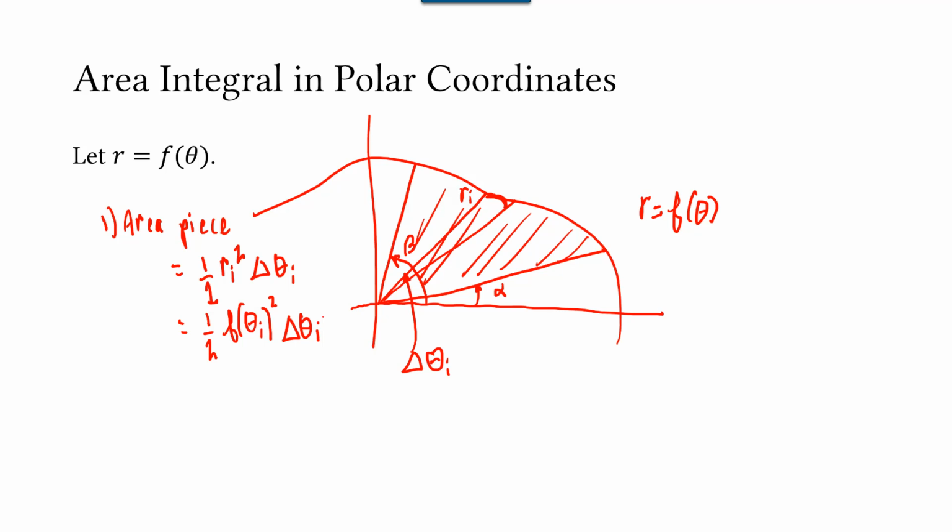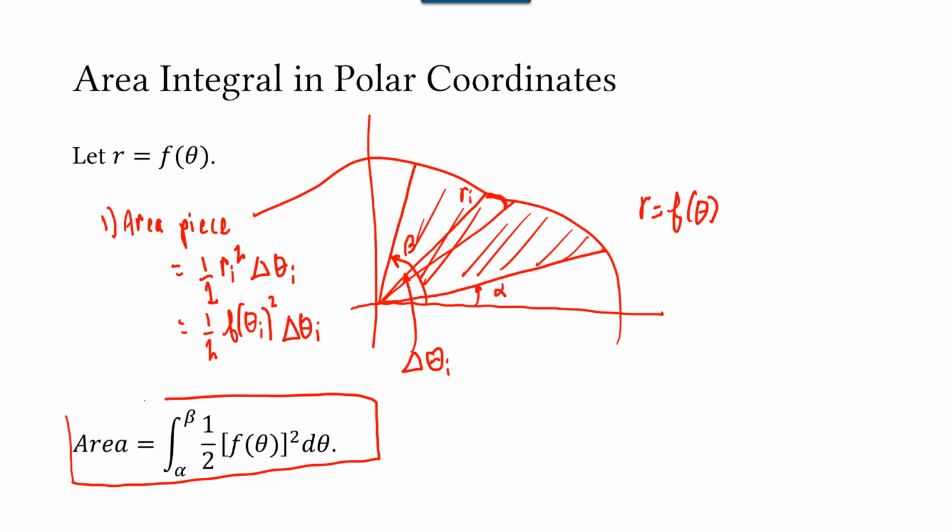I would envision adding up a whole bunch of those, taking a limit, and then finally we would end up with what's going to be our formula for the area enclosed by the polar equation r equals f of theta between alpha and beta.